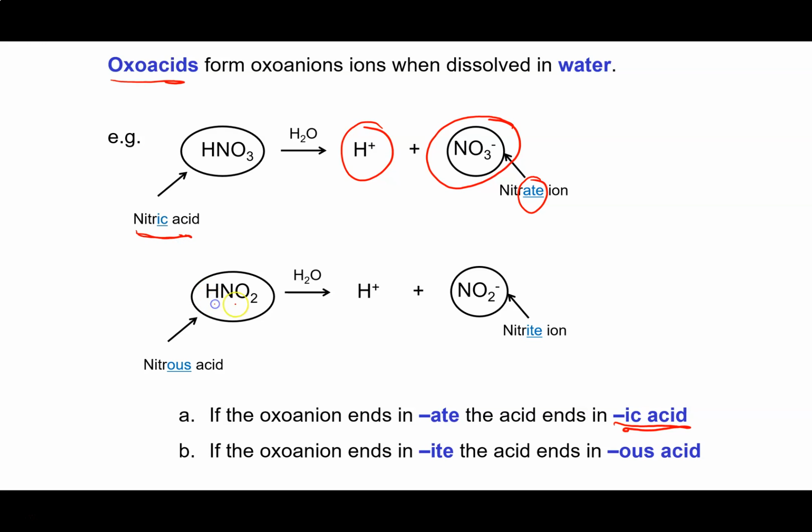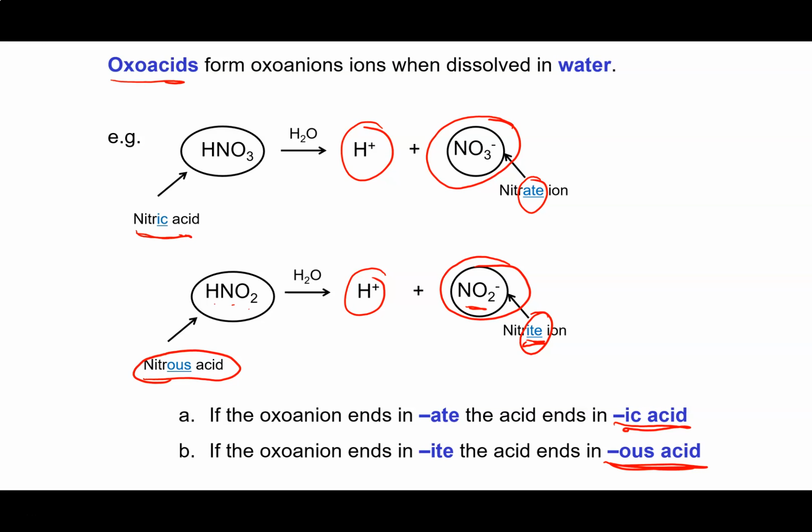In this case, HNO2 dissociates to form H plus and NO2 minus. We name this anion, and it is the nitrite anion. We're paying attention to the last three letters there. Our rule is that all acids that form ite anions are named as ous acids. So this is going to become nitrous acid.